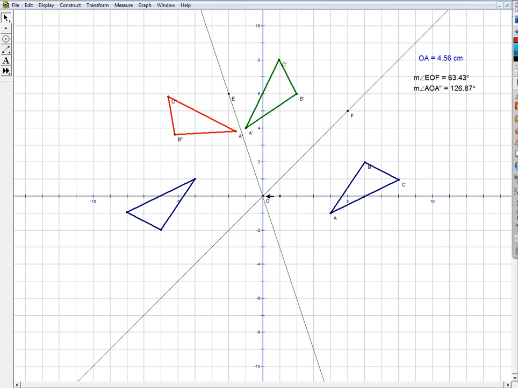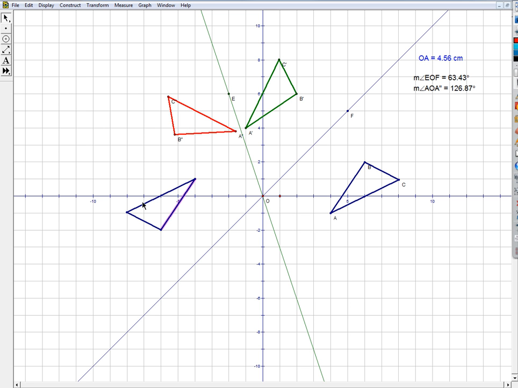I don't want you to confuse the fact that it just happens to be the origin. What's important is that it's where the green and blue lines cross, right? If I rotated this thing through exactly that angle, it would have ended up right on top of the red one. Make sense? Yeah.